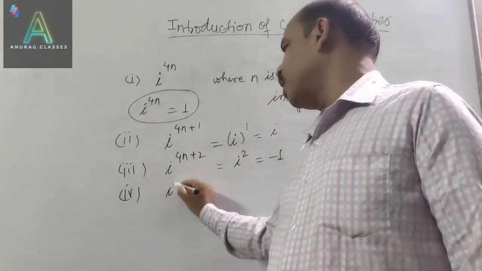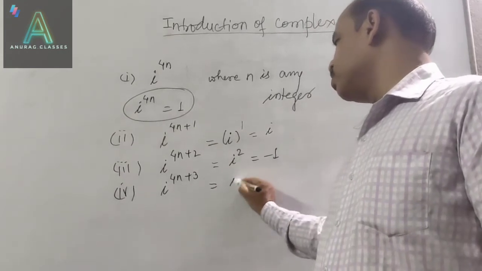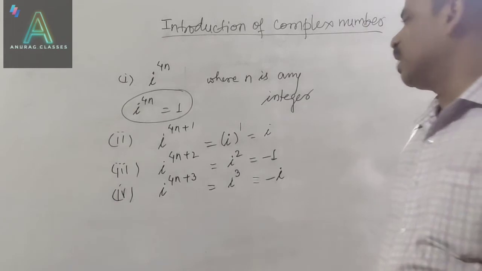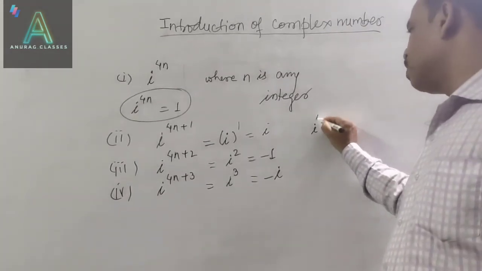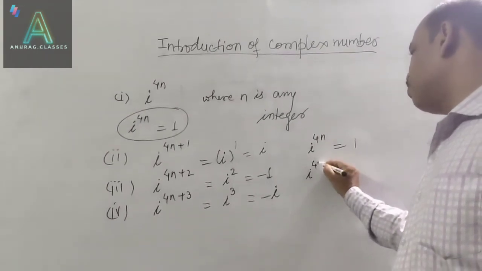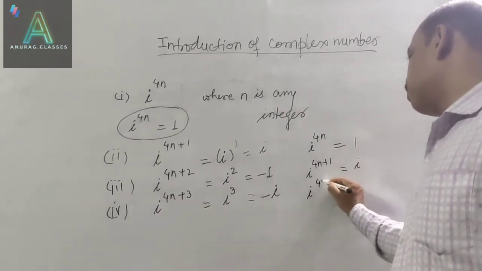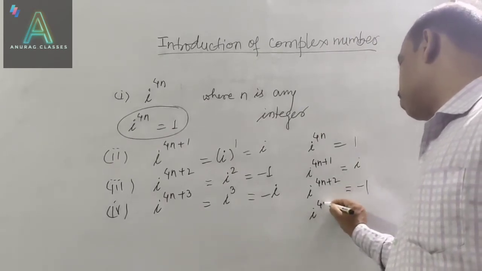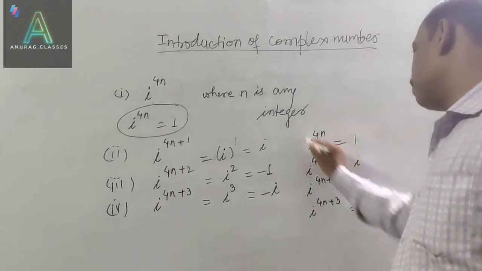And iota to the power 4n plus 3, then the remainder is 3, so it will be I cube and your answer will be minus iota. So generally we have concluded that iota to the power 4n is equal to 1, 4n plus 1 gives iota, 4n plus 2 gives minus 1, 4n plus 3 gives minus iota.